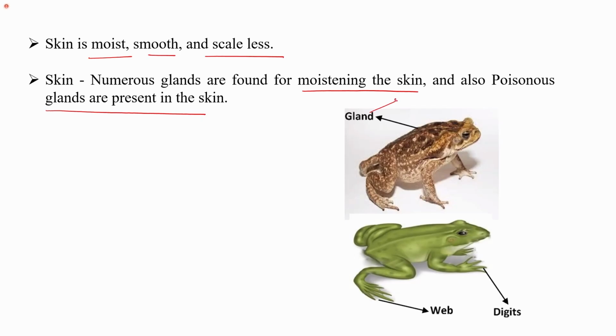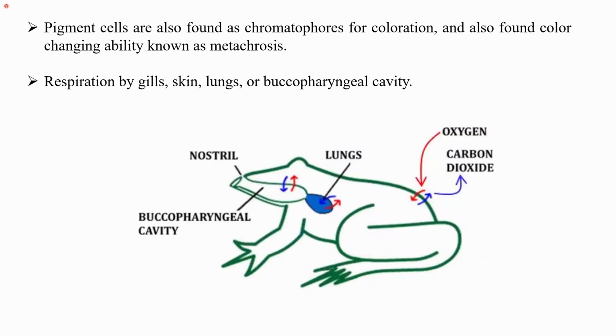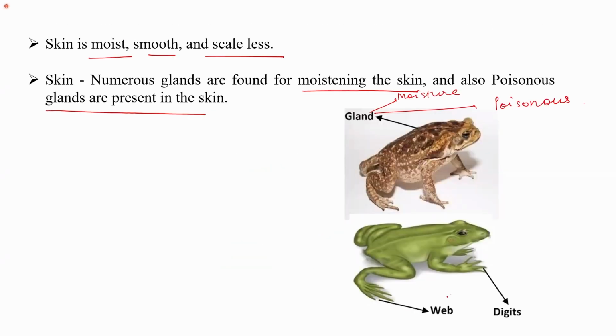So the glands may have the function of providing moisture, and they may have the function of protection by secreting poison. And the animals have the web. The fingers are known as the digits, and the complete thing is known as the web.